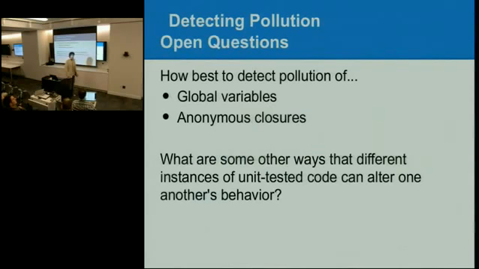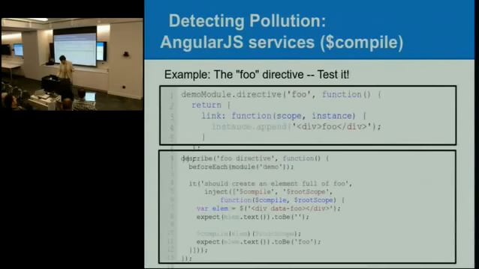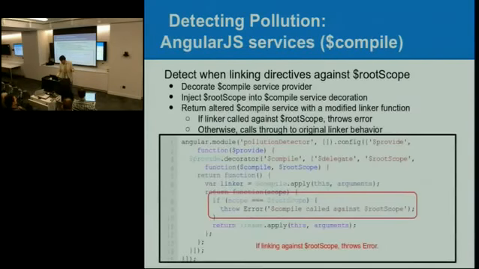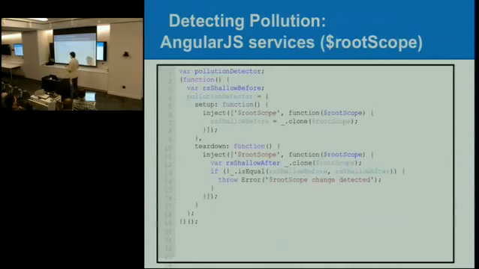Now, how best to detect pollution of global variables and variables that are isolated in anonymous closures, such as inside an IIFE, like I've demonstrated, for example, where'd it go? Right here, for example, rsShallowBefore.